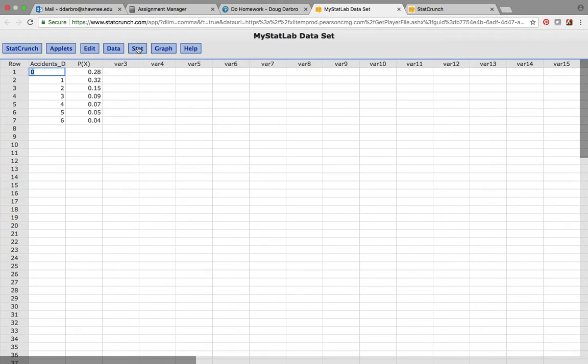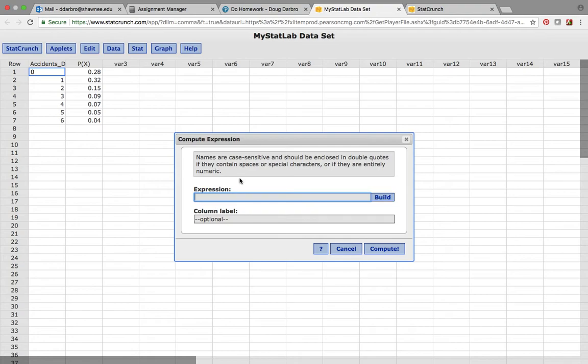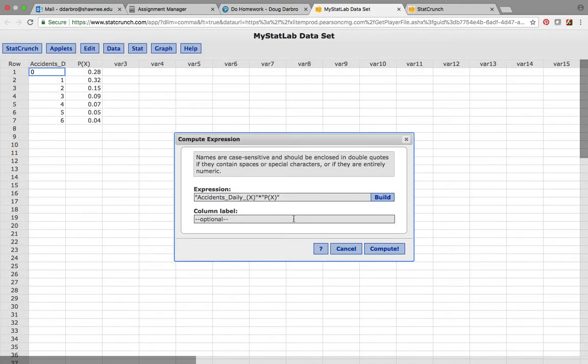So I'm going to go to Data, Compute, and do an expression. So my expression, I'm going to go to Build, and I am going to take the accidents times the probabilities. And I want to store those, okay? So I'm going to go OK.